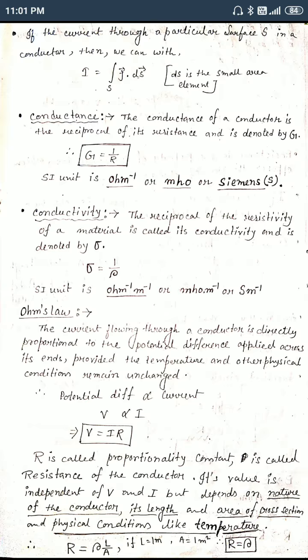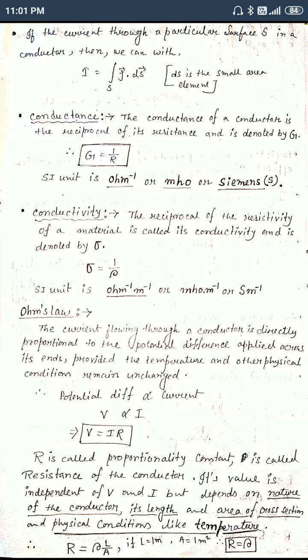So mathematically we can write V proportional to I, V equals I into R, and R is the proportionality constant, and this R is called electrical resistance, or simply resistance. Resistance resists the flow of electric current, and opposes the motion of electric charge.